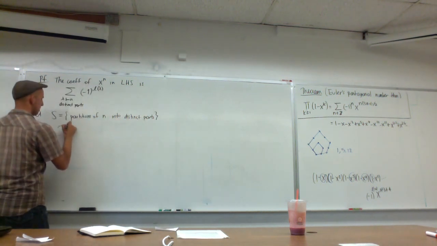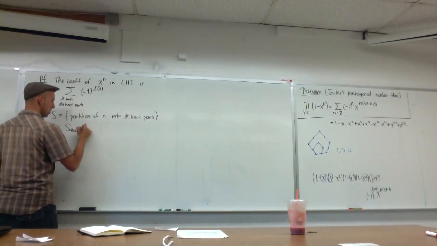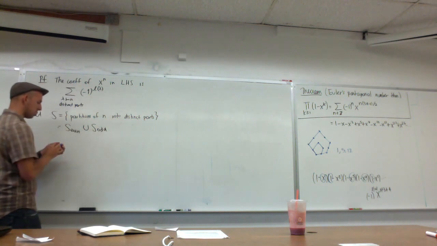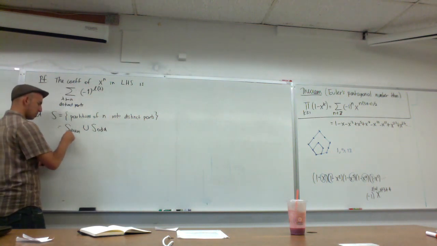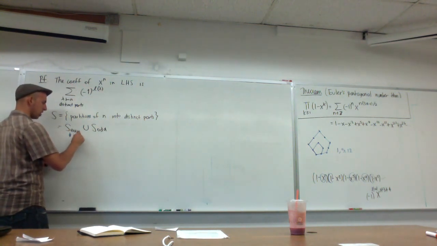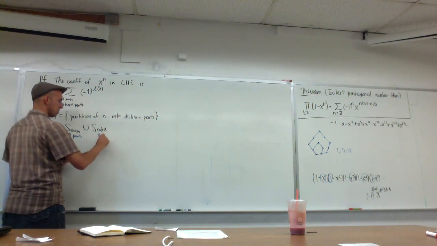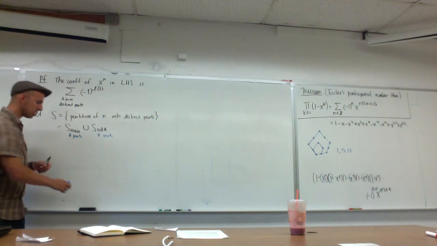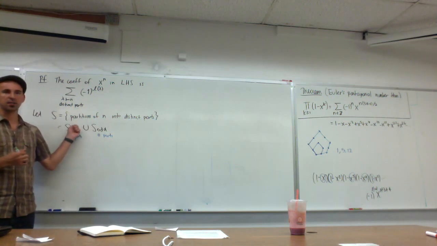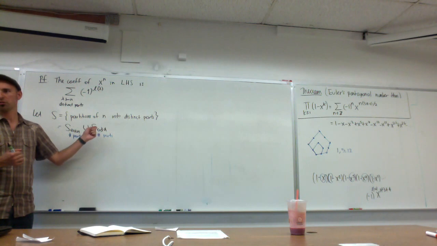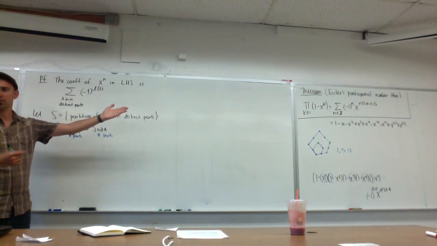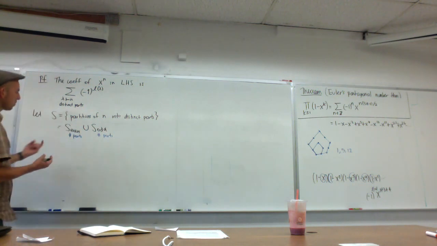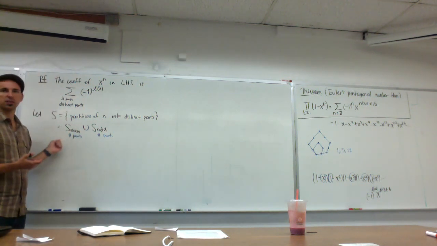And I can write this as S even union S odd, where I mean even number of parts or odd number of parts. And again, the point is that these two sets have roughly the same size. They're usually equal to 0, but then for those weird values of n, they're off by 1. And so what I can do is try to find a bijection between these two sets.